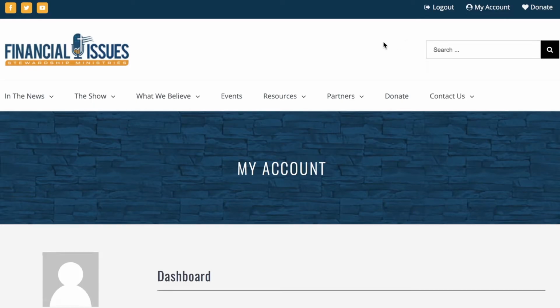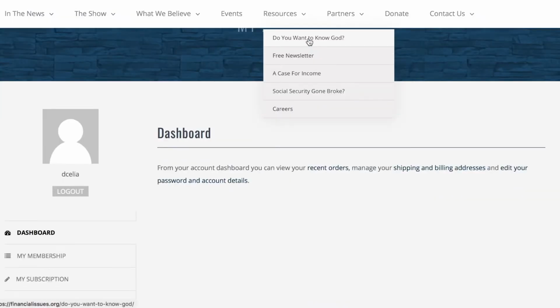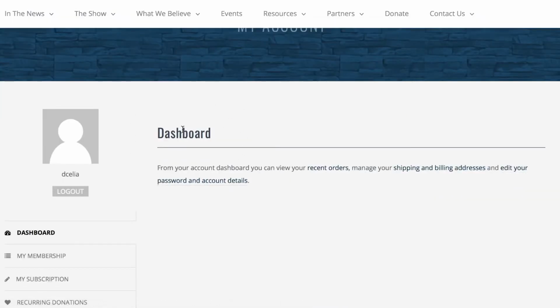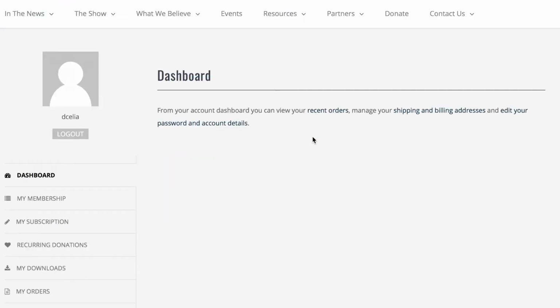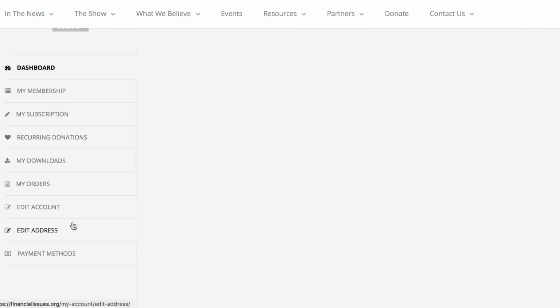When you do that, you're going to get a page that looks like this, and you're going to see this word up there, Dashboard. This is your dashboard, and this is an area in which you can make a lot of changes. You can look at your membership, your subscription. You can change things like your name, your address, your email address, those kinds of things. You can do all of that.